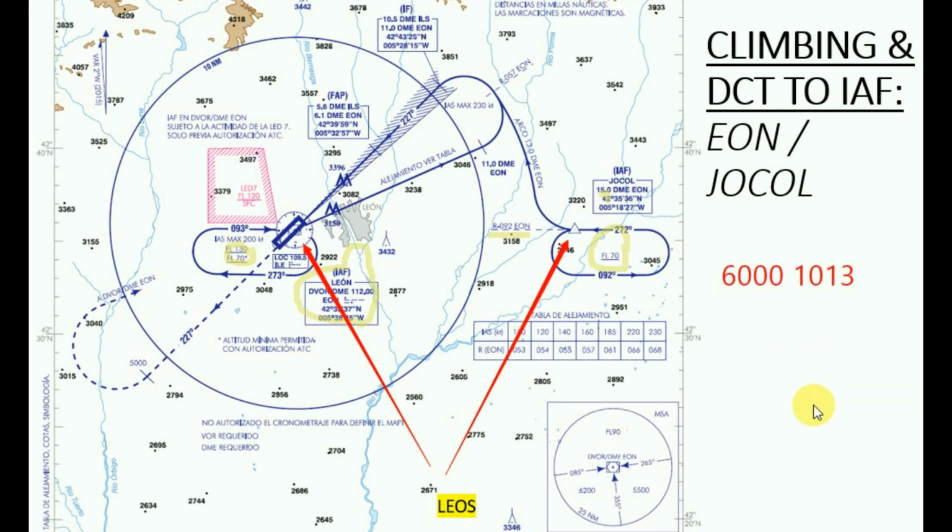Remember to always say the callout: transition altitude, 1013 altimeter set, and 1000 feet to achieve our requested flight level.